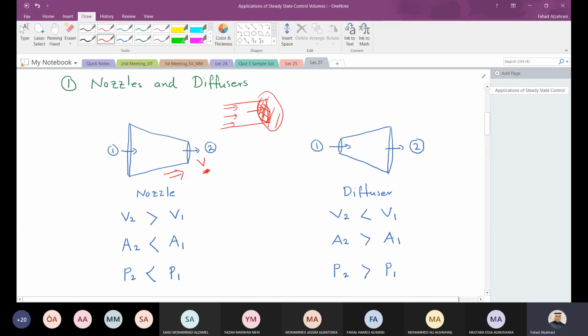What do you feel in your hand? Pressure. So the pressure builds up. When you block the flow, you accumulate high pressure at this location.